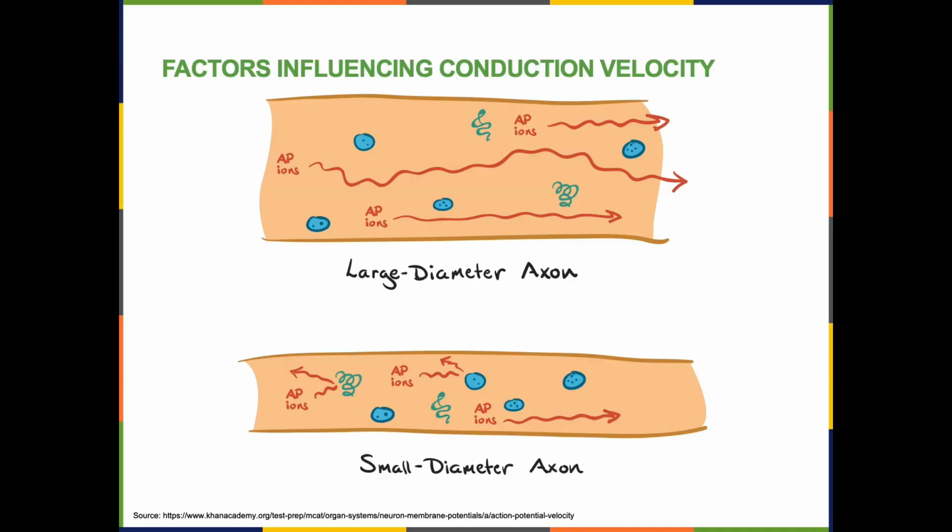They could bounce off organelles or proteins or other ions inside of the axon. But having a smaller diameter axon means that there is less space for the sodium ions to move around and make their way down the axon, whereas a larger diameter axon will have a larger amount of space. There will be less electrical resistance. And with less electrical resistance, the electrical current, the speed of the flow of ions, will be faster.